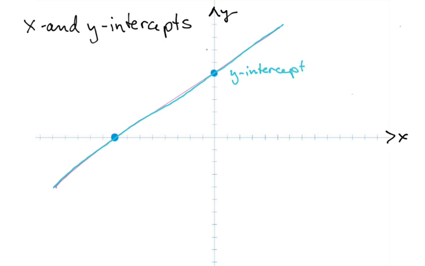And when we have the y-intercept, what do we know about the x-coordinate? The x-coordinate is always 0, and the y-coordinate, let me call it y, is whatever the number is. Over here, we have the x-intercept. And what do we know about the y value?